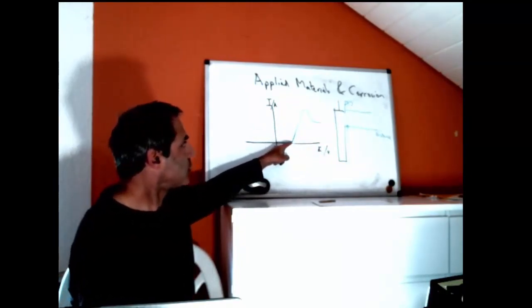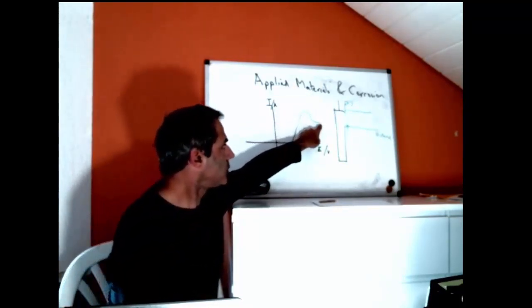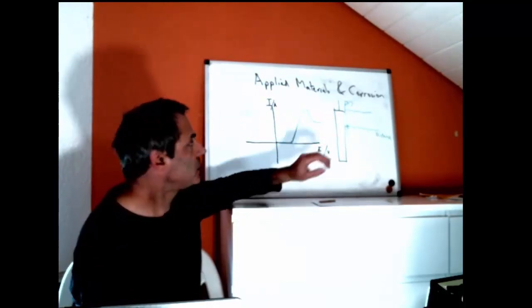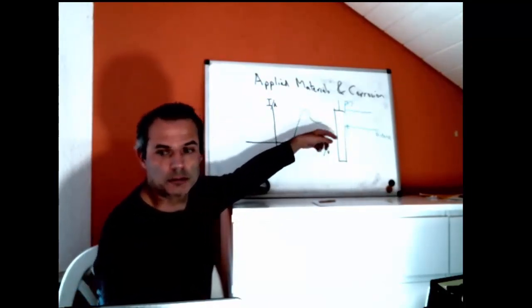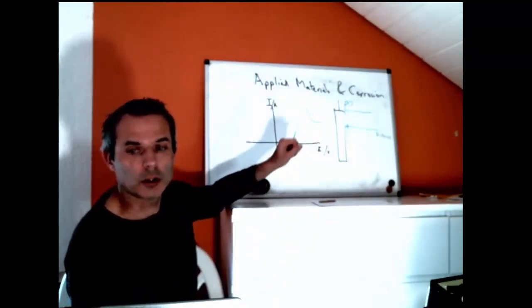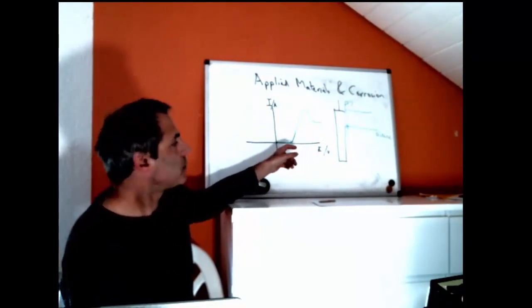We would expect the current to go up past where it should go, this point, the diffusion current, which is determined only by the concentration. It will go past it and then come back down again. We can make this peak bigger, although it moves slightly, by increasing the scan rate.